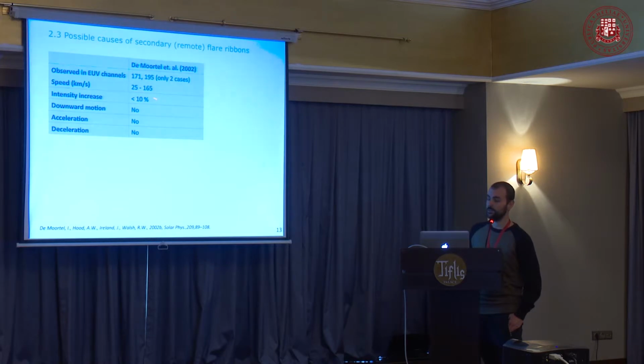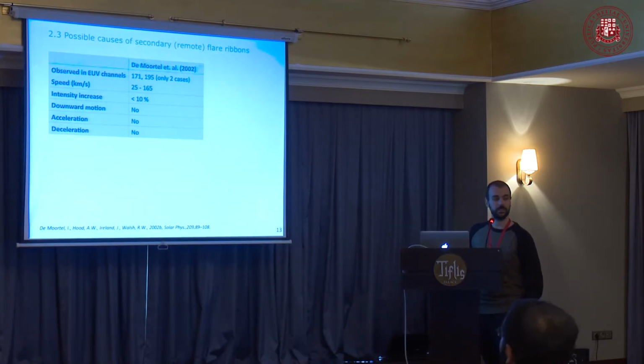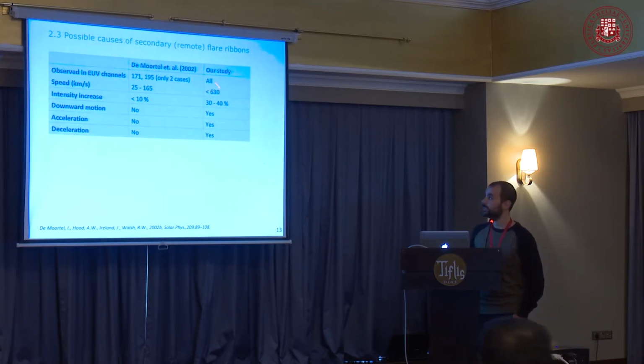The speeds were found to be below 165, and the intensity increase was always below 10%. And none of these things were registered. On the contrary, in our event, we see that our structures are multithermal, the speeds are much greater, the intensity increase is more than 3 times what was reported before, and we do observe downward motion, acceleration, and deceleration.